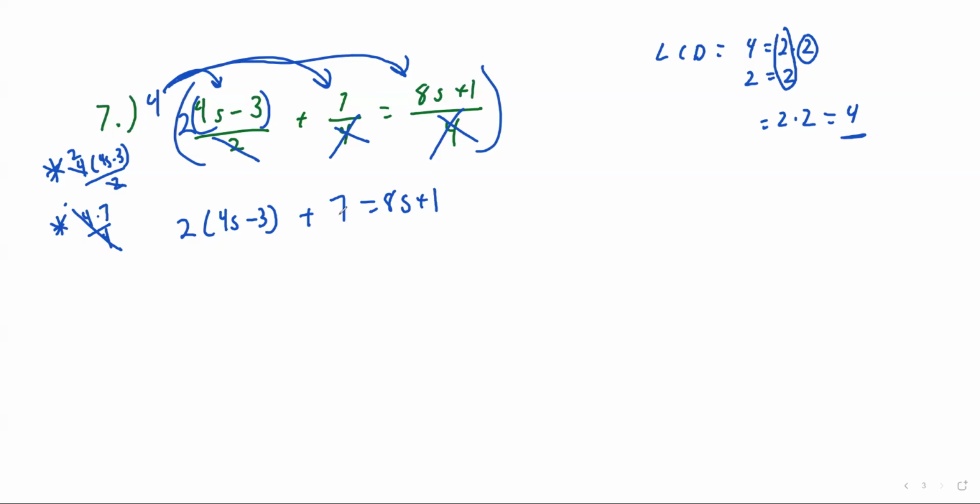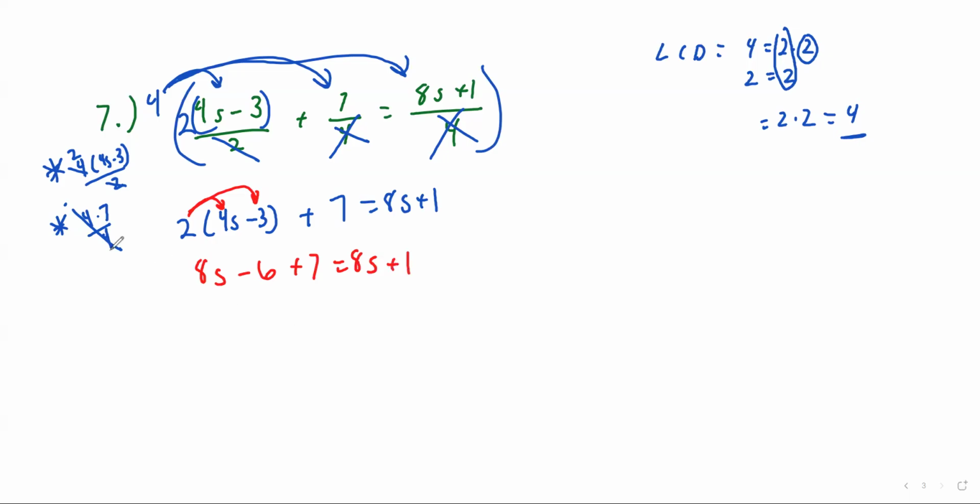By doing that, we now have an equation with no fractions. Makes life a little bit easier. So now what I'll do is what I was doing earlier. I'd get rid of my parentheses, so I distribute. 2 times 4s is 8s. 2 times negative 3 is negative 6, plus 7 equals 8s plus 1.